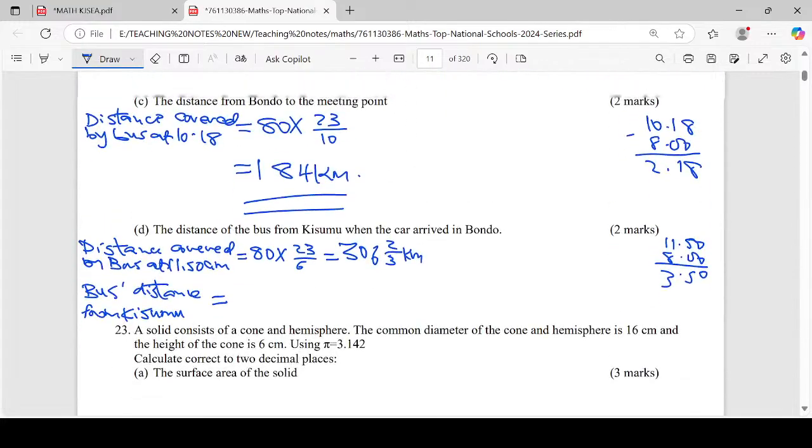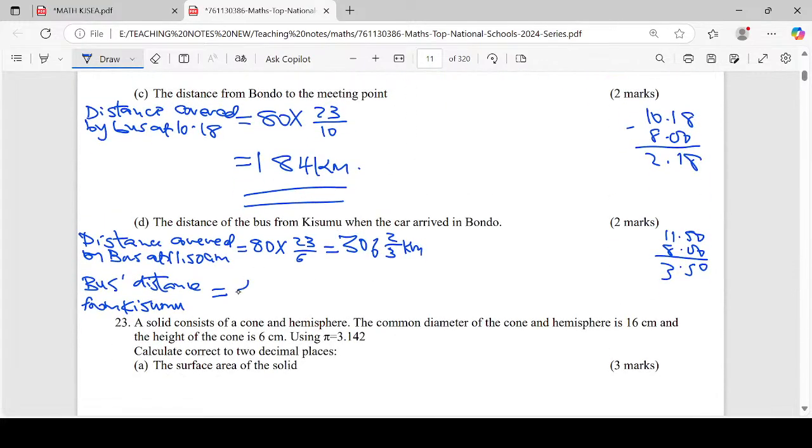Then I do the subtraction: I subtract 306 and 2/3. When I do the subtraction, I get 93 and a third kilometers, and that is the distance of the bus from Kisumu when the car arrived in Bondo.